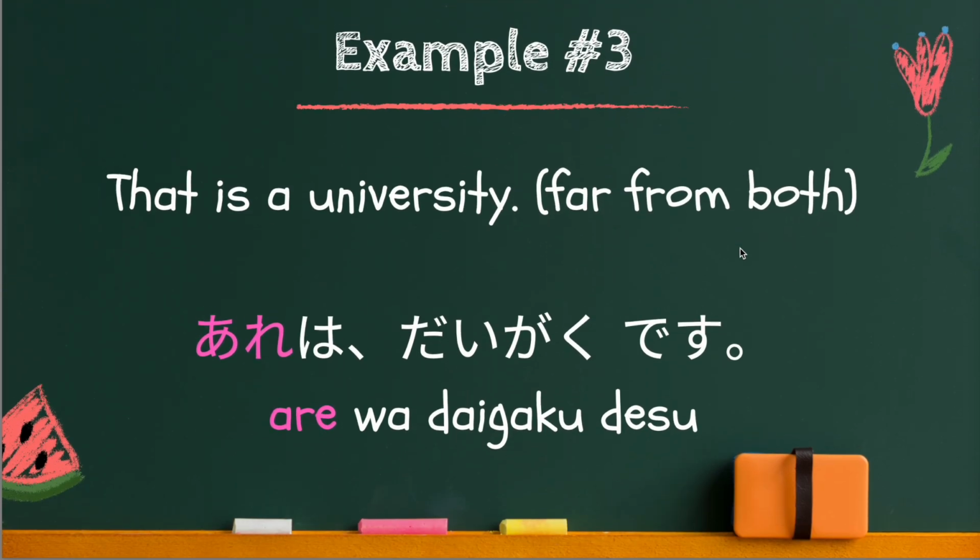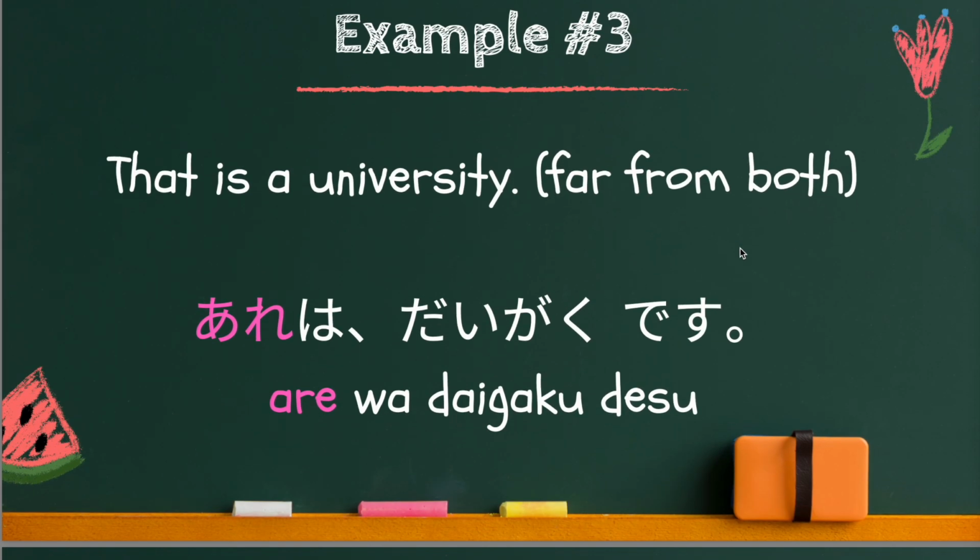Last example. That is a university. あれは大学です。So, the university is far from both of us. That's why I use あれ instead. So this is how you can use これ、それ and あれ.